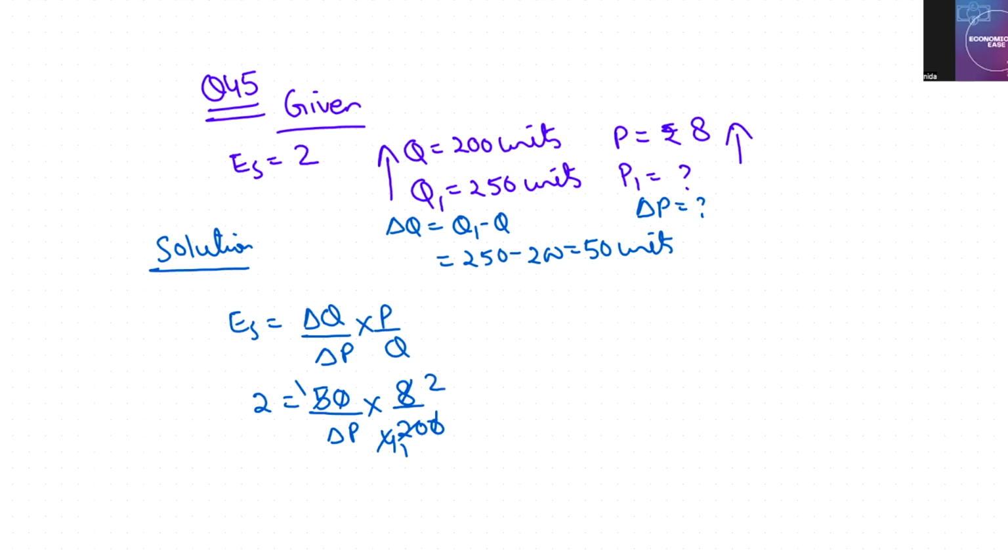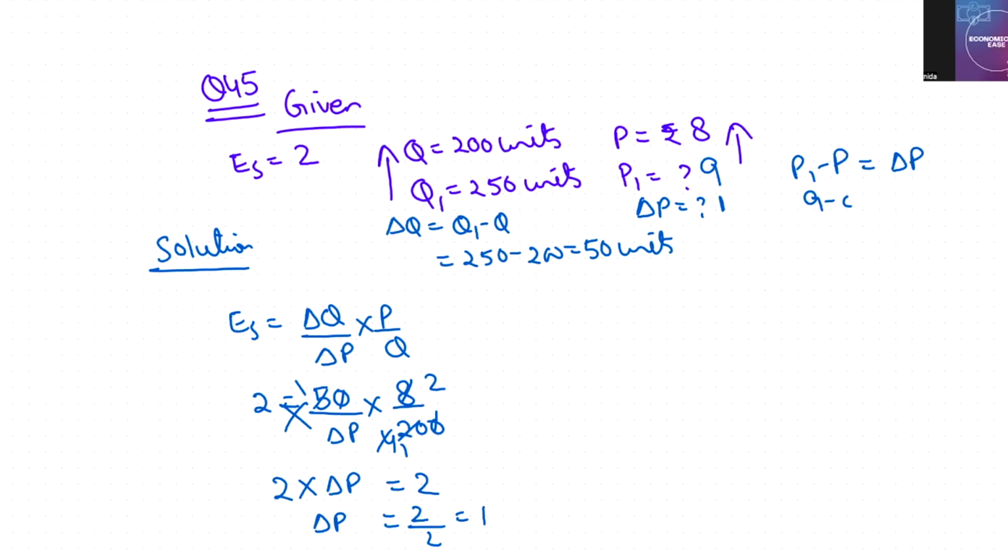Okay, then what else can we do here? Cross multiply this, so 2 into delta P equals 2, then delta P equals how much here? 2 upon 2 equals 1. So what will be the change in price? It will be 1. That means this will be 9, because P1 minus P equals delta P. So if P1 is 9 and this is 8, only then you get 1. Okay, got this much here?